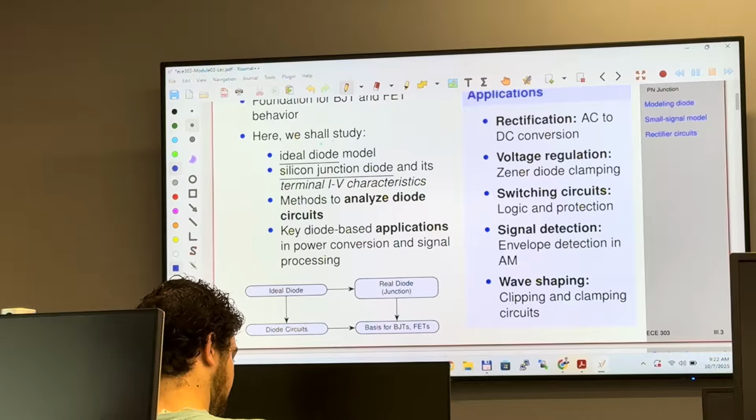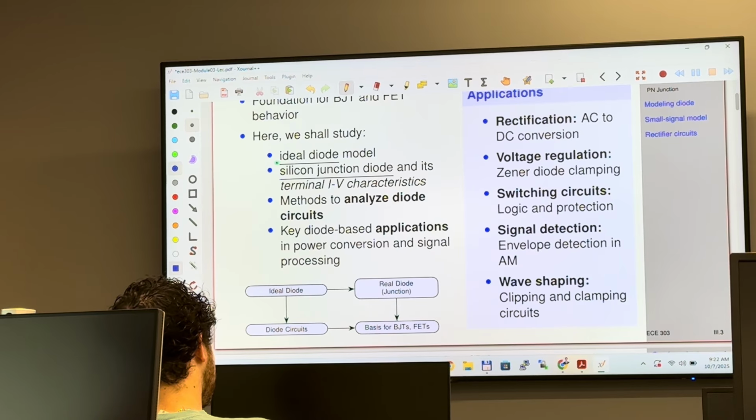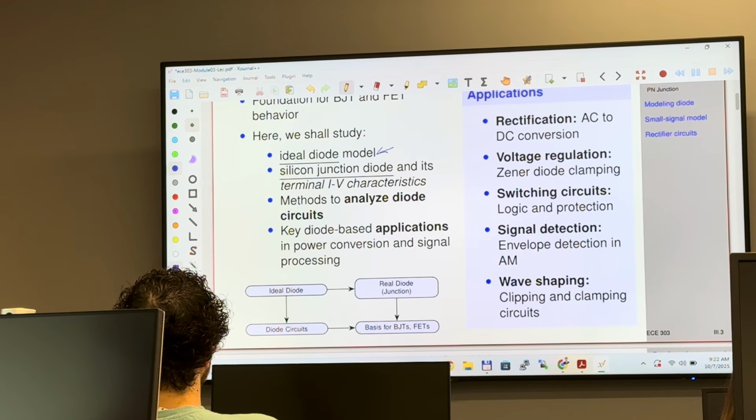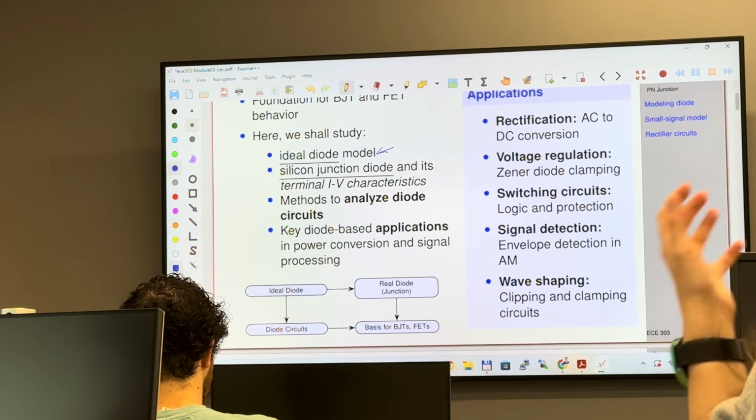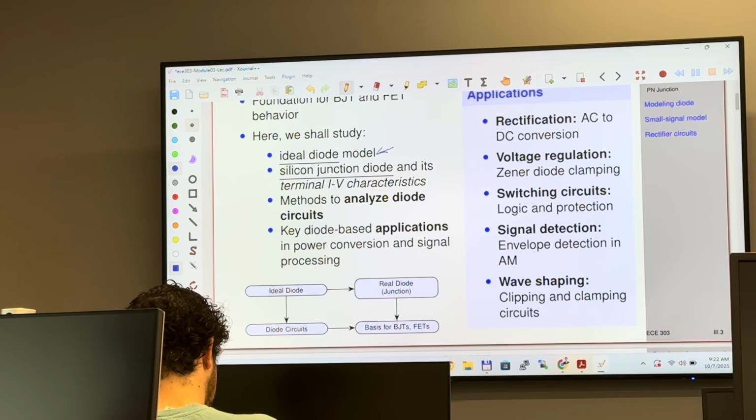In this module, we shall study the ideal diode model, and you will see the actual diode model in PSpice.